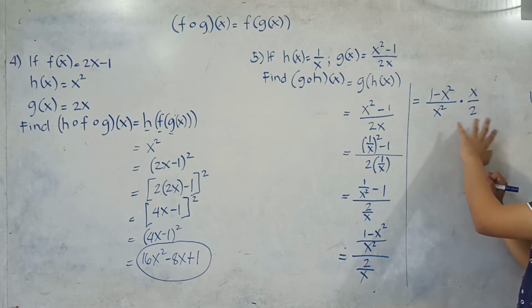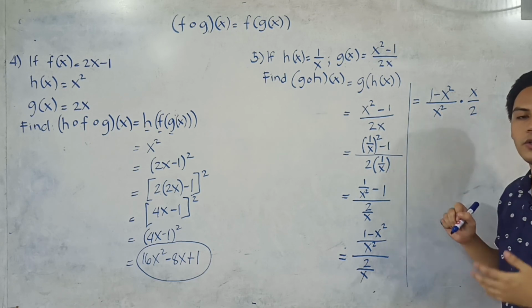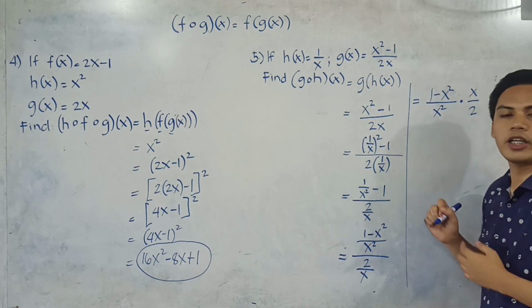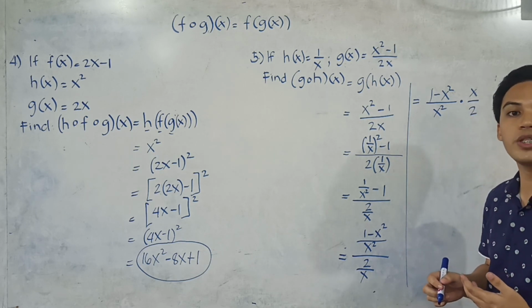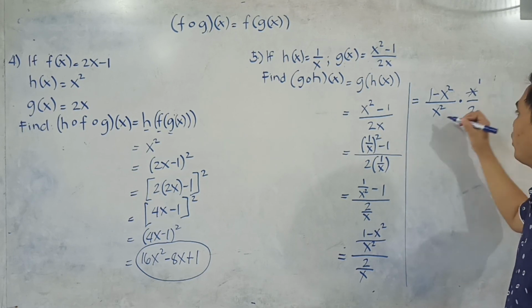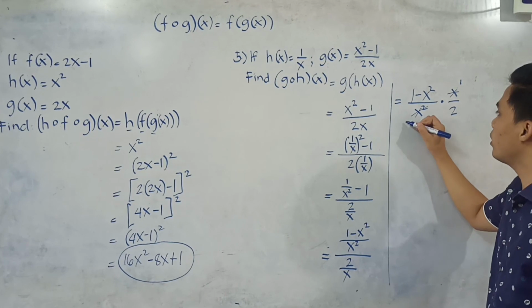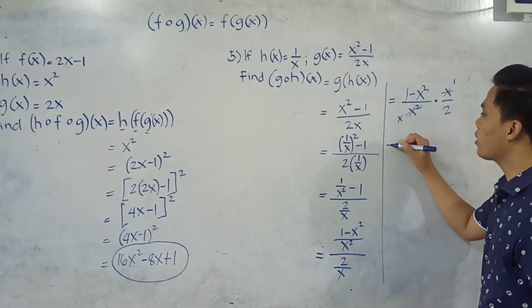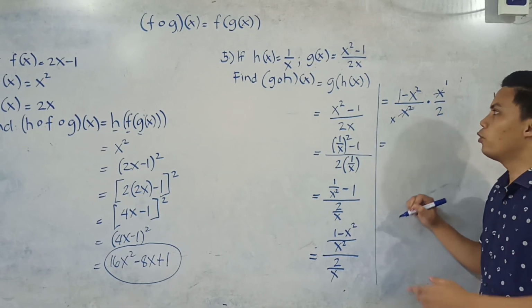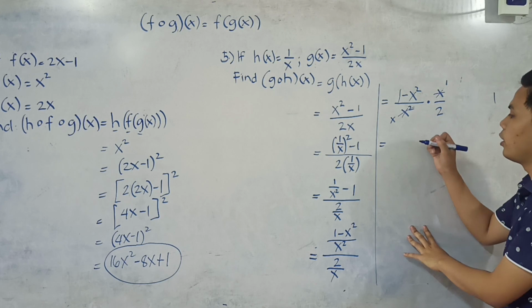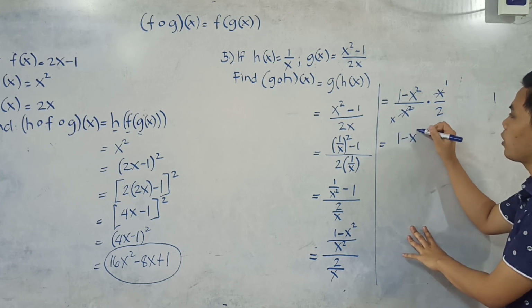In this case, you can cancel out. So, yung x squared at saka x, pwede natin makancel yung common factor nila, which is x. Okay? So, x divided by x is 1. X squared divided by x is x. Okay. This time, we're going to simplify. So, 1 minus x squared times 1. The answer is 1 minus x squared.